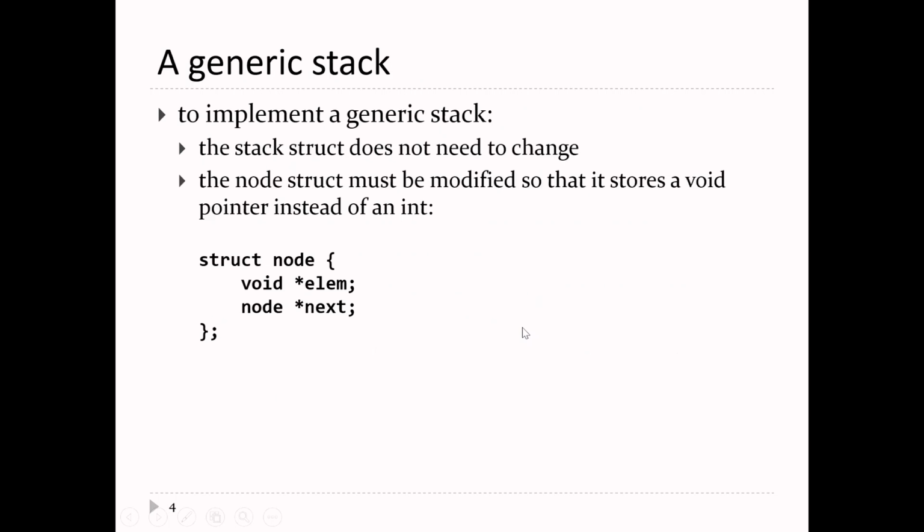All right, so what's this going to end up looking like? For our node-based structures, we're going to change the definition of a node. The only thing that changes is that our element type is no longer just int or something else. Now our element type is a pointer to void. Otherwise, everything else is going to stay the same.